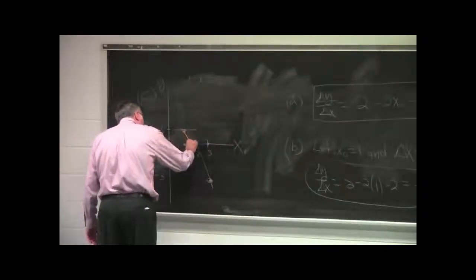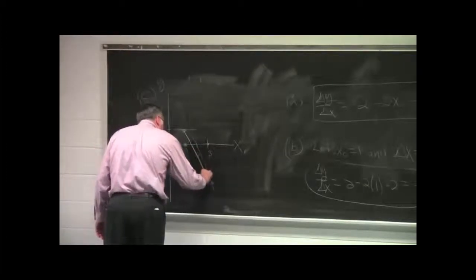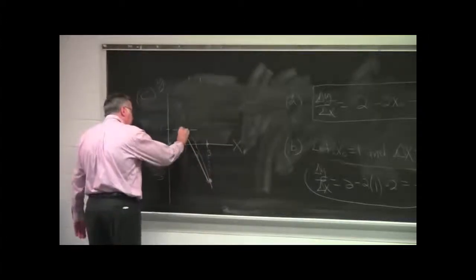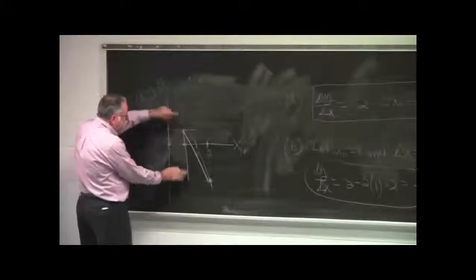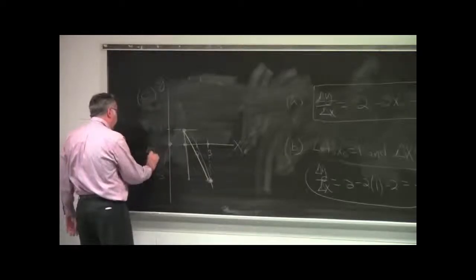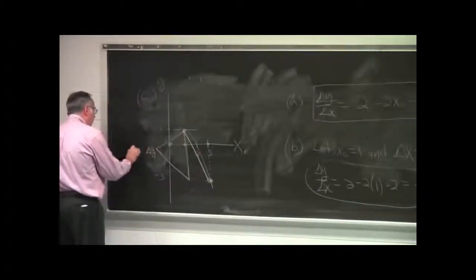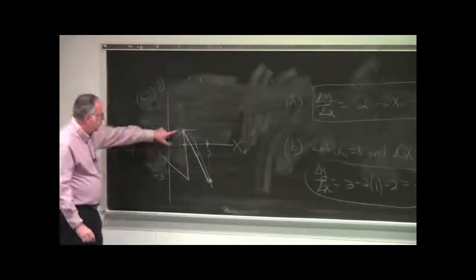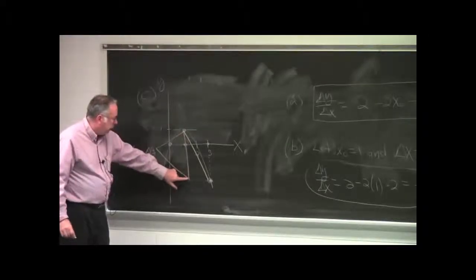Look at the slope of this line right here. What is it? Well, the rise is you're going from 1 to -3, so this delta y is -4. The delta y value is this value right here, equal to -4, because you're going from y equals 1 to y equals -3. What is the horizontal distance?